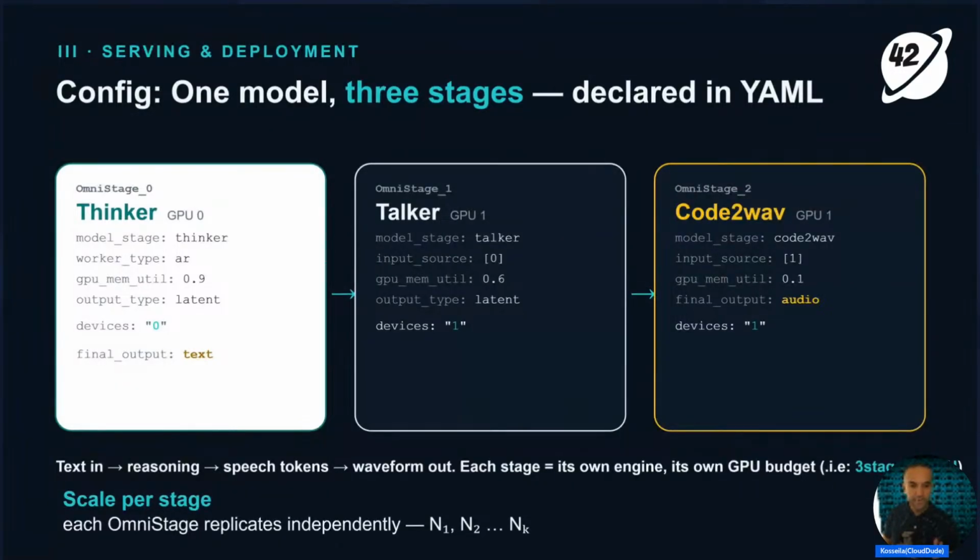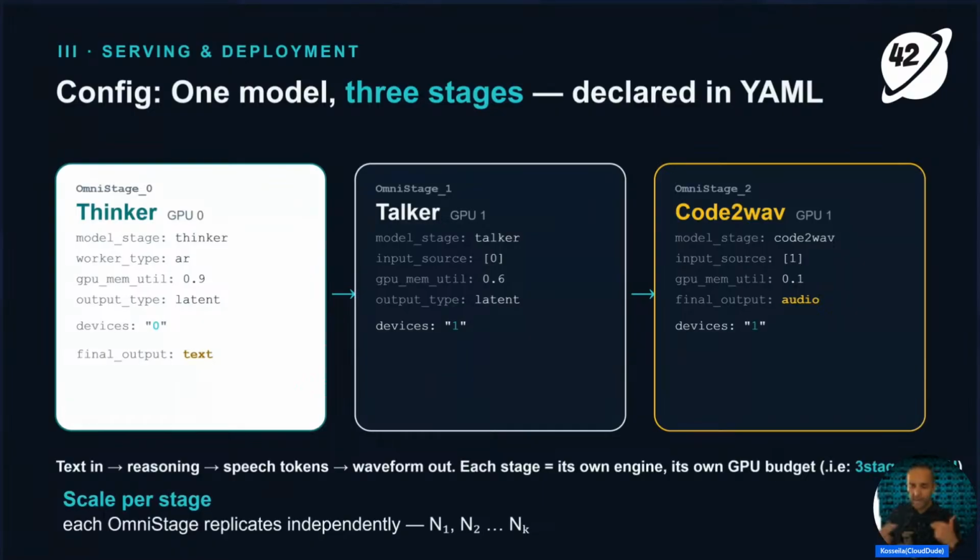So let's start easy from the left side, stage 0. That's the thinker. It's pinned to GPU 0 here, and it has an AR worker, so this is the LLM part, right? It also uses 90% of the VRAM. That's because the understanding is heavy; we have a lot of prefill going on in the thinker. Then stage 1 is the talker, which takes the thinker's output and uses 60% of the memory of another GPU.